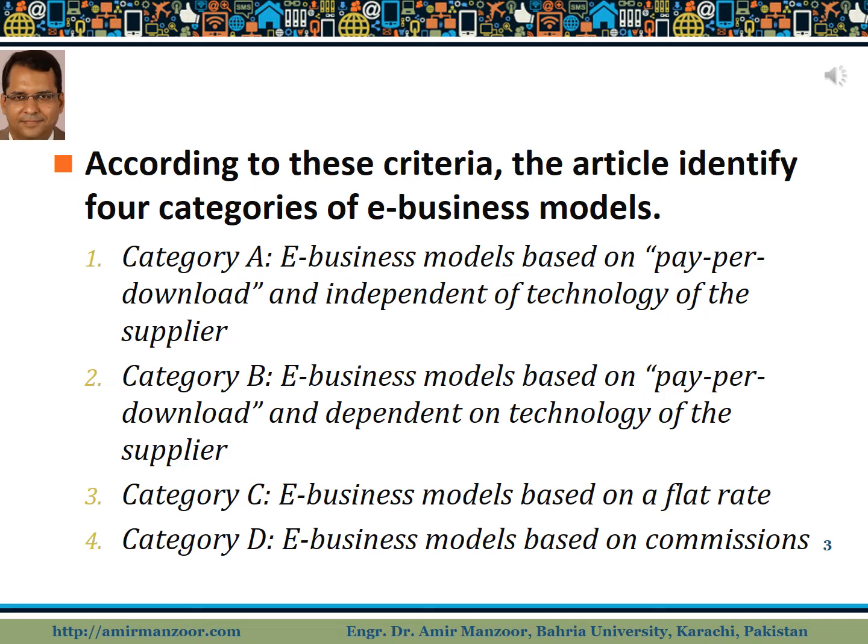These particular business models are only attractive for the businesses or companies, provided that they manage to attract a huge number of customers. If they fail to get a huge number of customers, this particular business model is not really worth it. Some examples of this category of e-business model are Napster and Rhapsody.